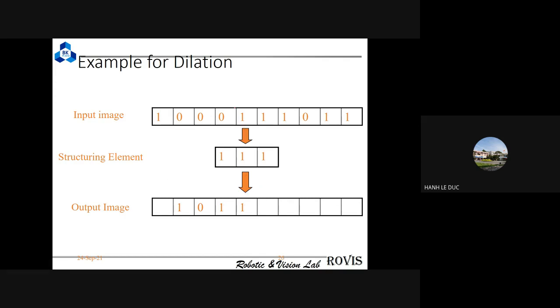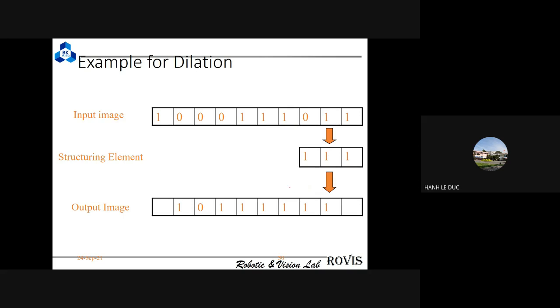Here is 1, here is 1, here is still 1 because it's similar. Here is still 1. And in this example, if we pad the border, it is still 1.